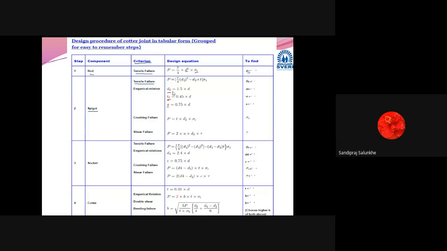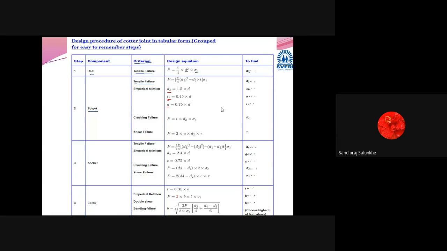So we have calculated the outer diameter of the collar, then the thickness of that collar, and the remaining part A by means of these empirical formulas. That is D3 is equal to 1.5 d, T1 is equal to 0.45 of d, and A is 0.75 of d. Now don't get confused between t and t1. T1 is the thickness of the collar, t is the thickness of the quarter.